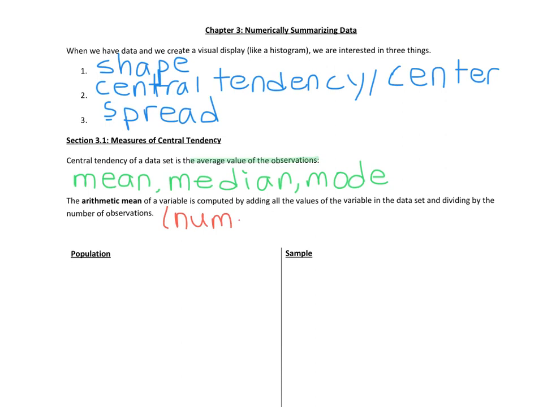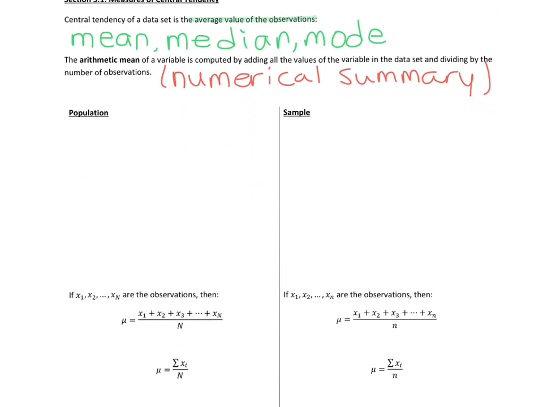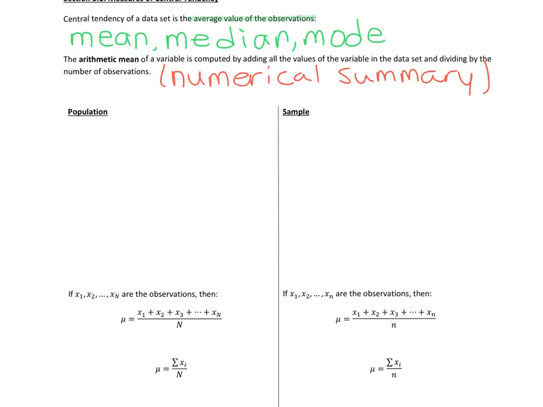This is our first numerical summary. Okay, so we're going to look at the formula for our mean for population and for sample.